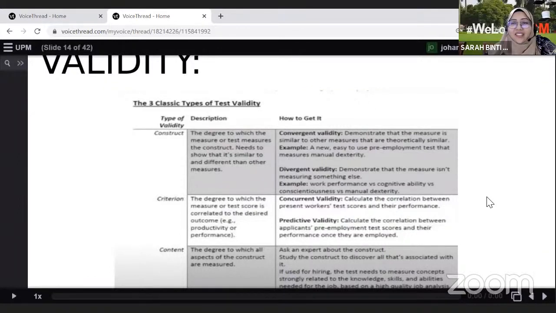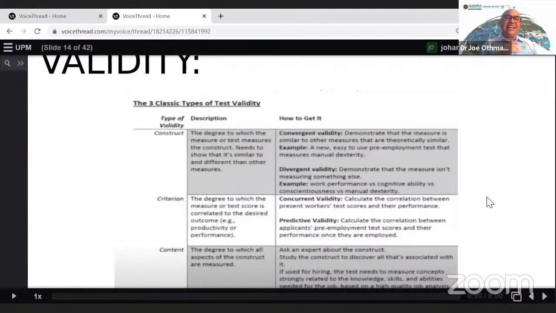Validity, you know why I'm laughing? Usually in my class, students can understand reliability, but students have a tougher time understanding validity. But anyway, there are about three main types of validity. If consistency refers to reliability, accuracy refers to validity.